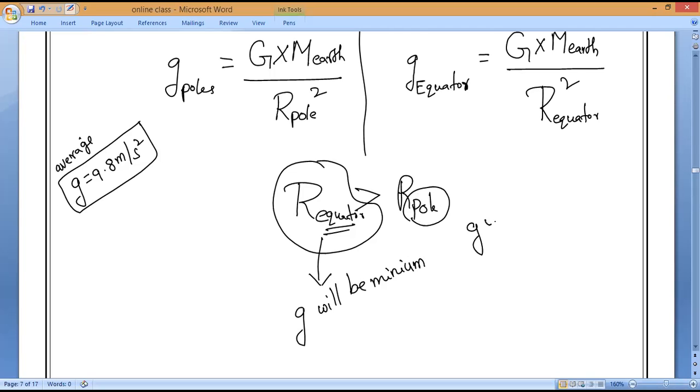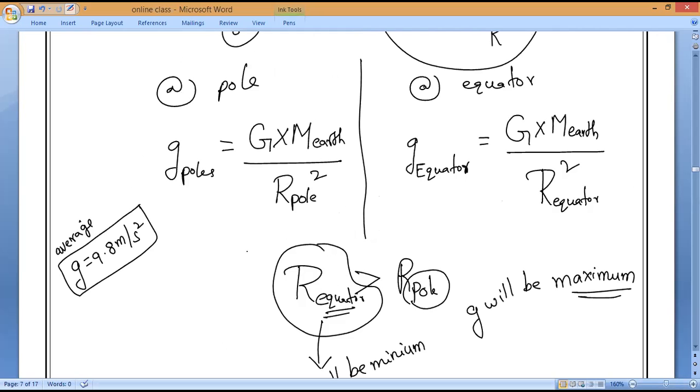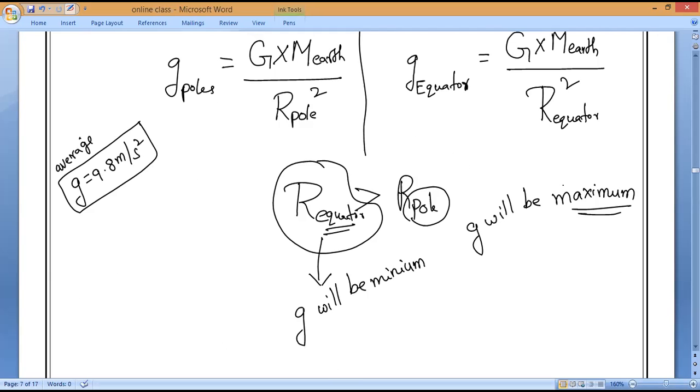So g value will be what? Maximum. Okay, so that is what you have to remember. So latitude is the third factor that also decides the g value. If the radius is more, g value will be less. If the radius is less, g value will be more.